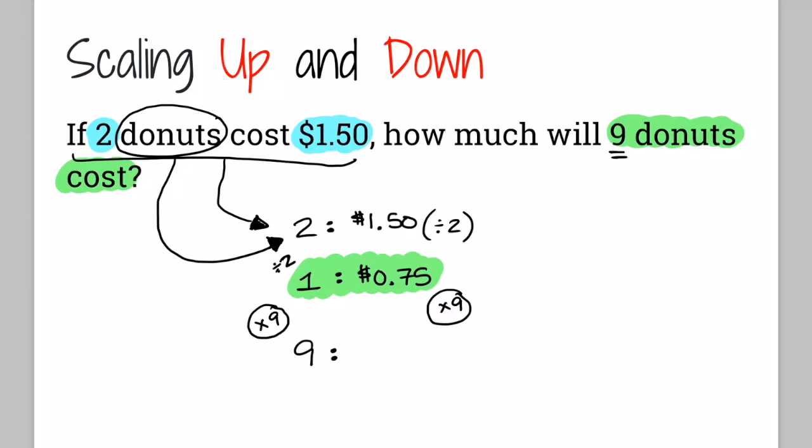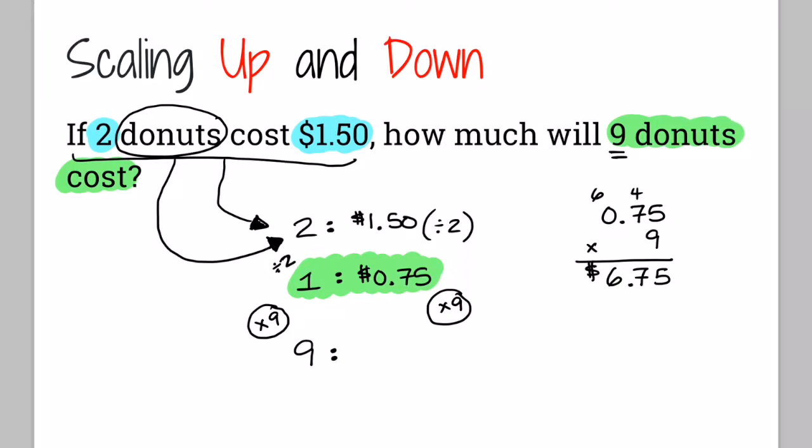Now I can always, and I encourage you to do this, step over to the side and multiply this out. 5 times 9 is 45. I regroup my 4. 7 times 9 is 63. Add my 4 into that, which would be 67. I'm going to regroup 6. 0 times 9 is 0, but I've got my 6 up there hanging.